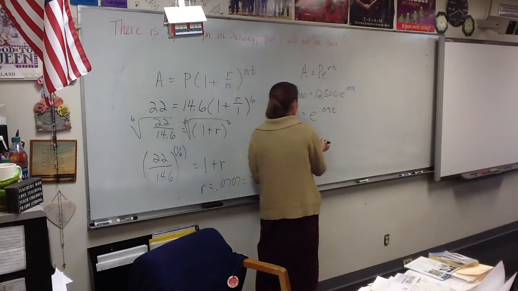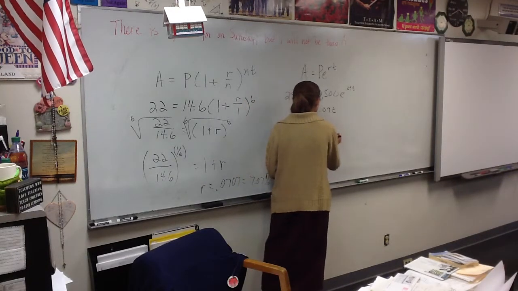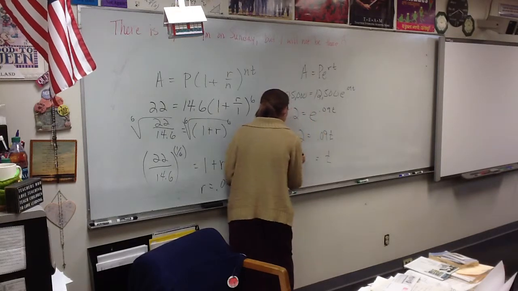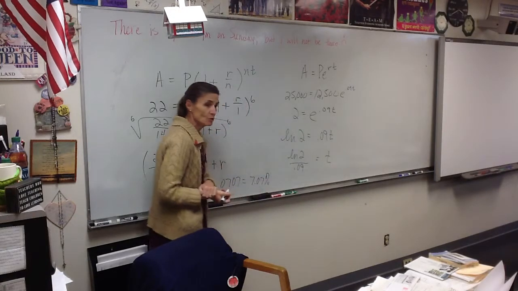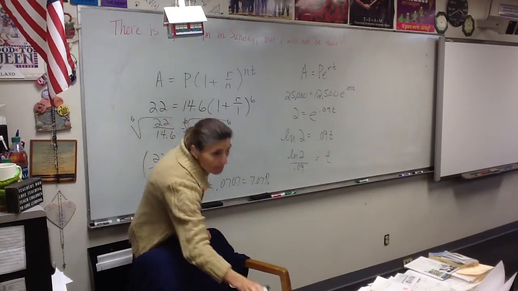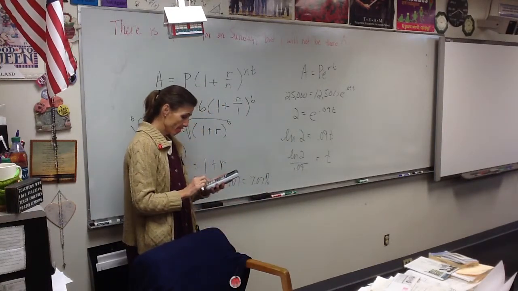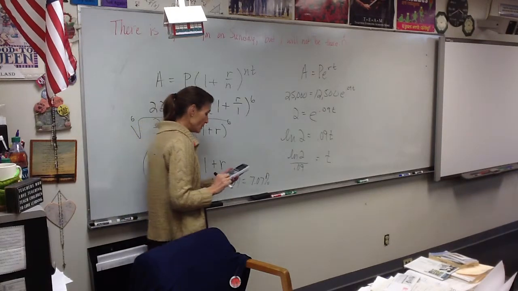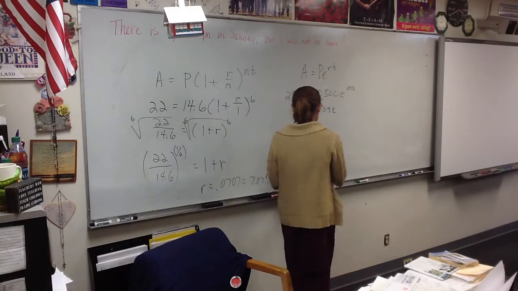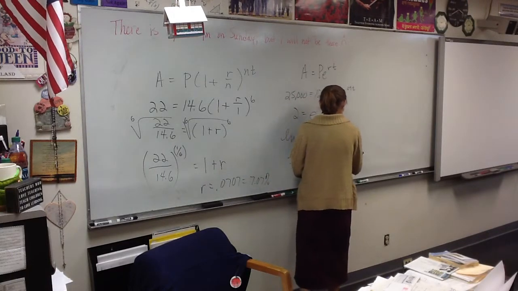It drops, and I get 0.09t. So the answer to that part of the question is ln 2 over 0.09, which is about 7.7 years.